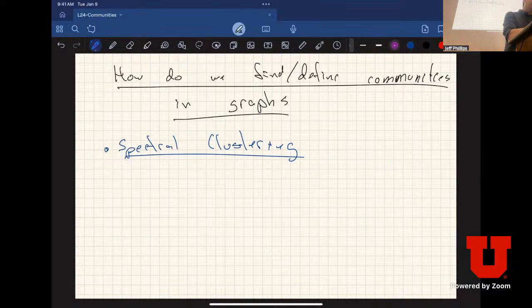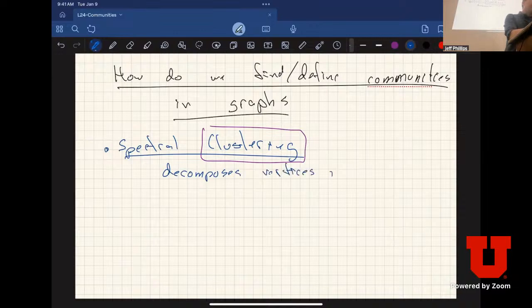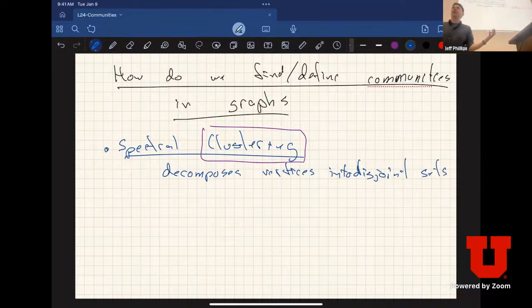So for the most part, this decomposes the vertices into disjoint sets. It's decomposing the graph.